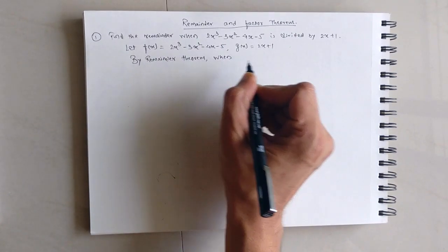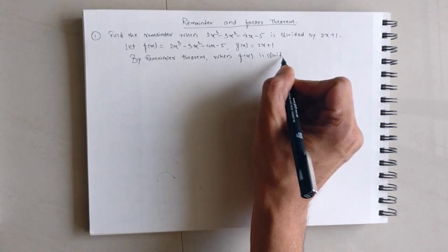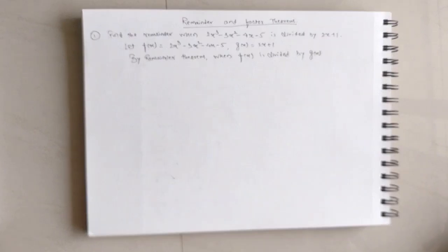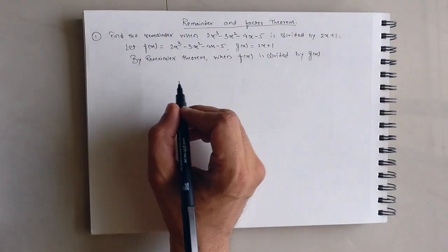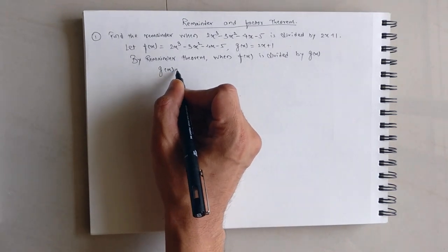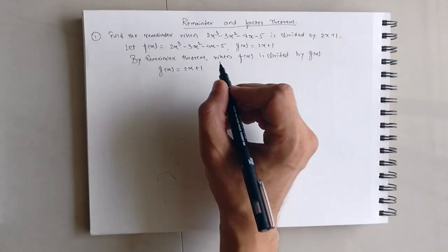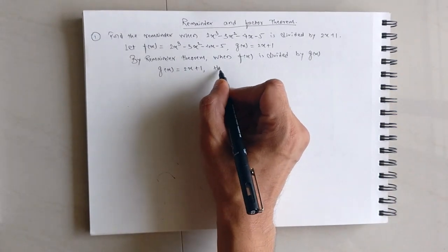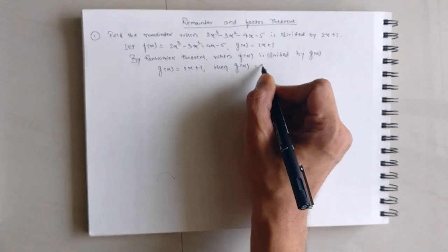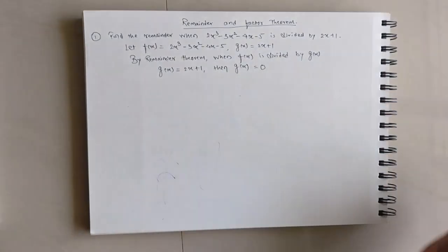When f of x is divided by g of x, g of x is equal to 2x plus 1, then g of x is equal to 0. You have to first equate your divisor by 0.